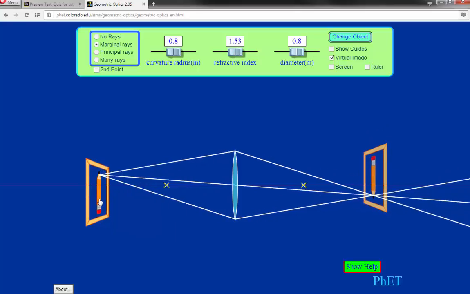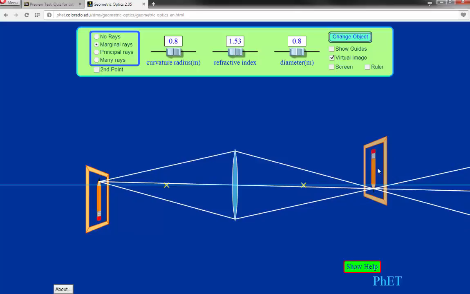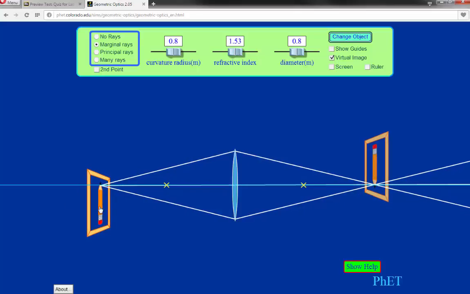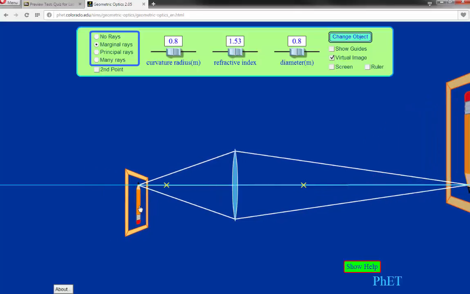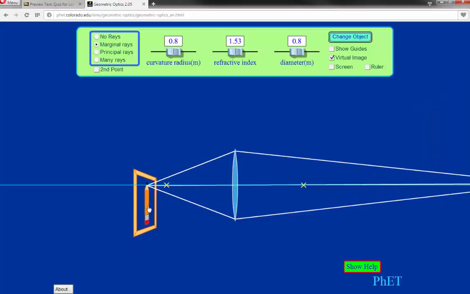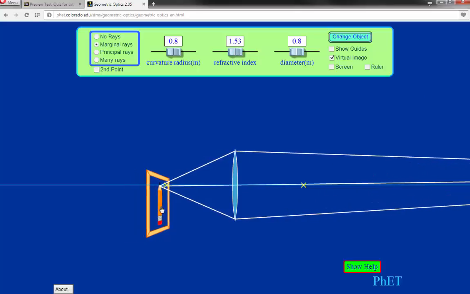If I move the object, it moves the image. I can't actually move this thing. I can only move this because this is the object. And this little X is actually the focal point for the lens. So I need to move this closer than the focal point. Notice as I get closer and closer to it, the image is getting formed farther and farther away.